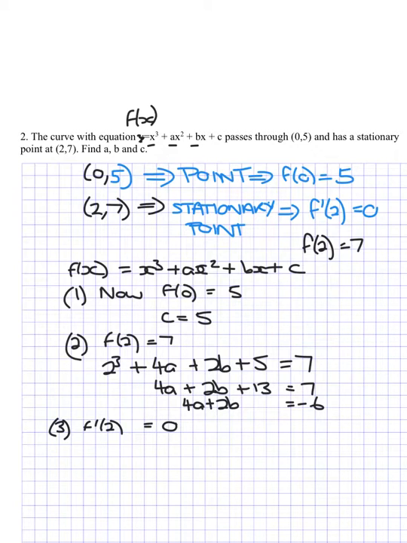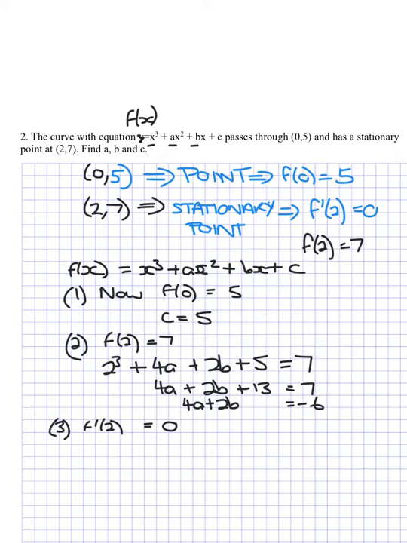Kai, what function do we have to find in order to be able to use the information that f dash of 2 is equal to 0? I have no idea. That's okay, you haven't been here. Ashley, to be able to use the piece of information that f dash of 2 equals 0, what function do you need?